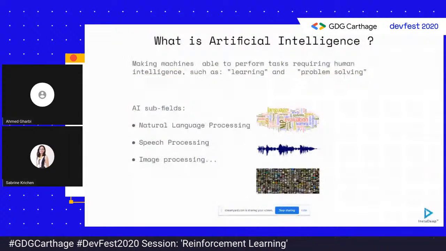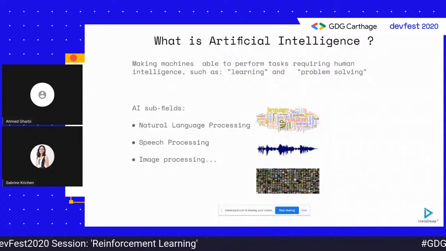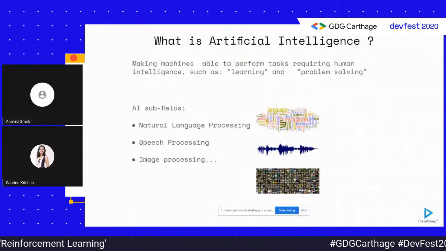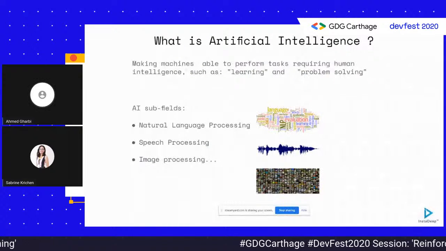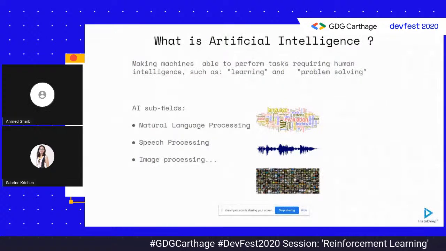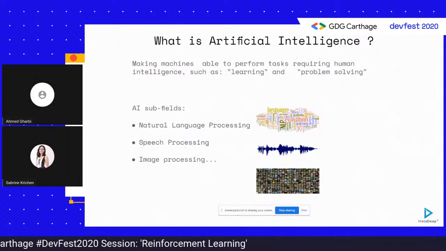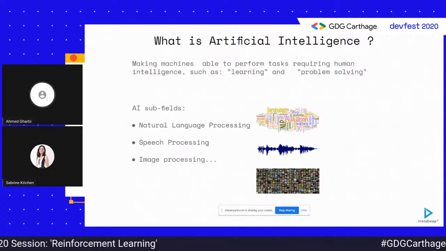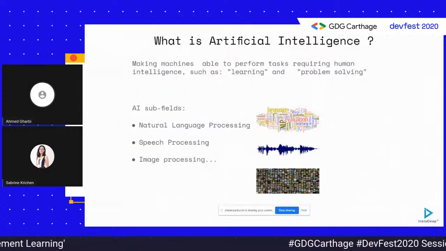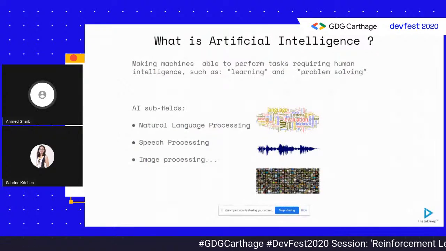Thank you. Okay, so what is artificial intelligence? So AI is the field that tries to make machines perform complex tasks that usually require human intelligence. A few examples for these tasks are learning and problem solving, which are considered very complex tasks.